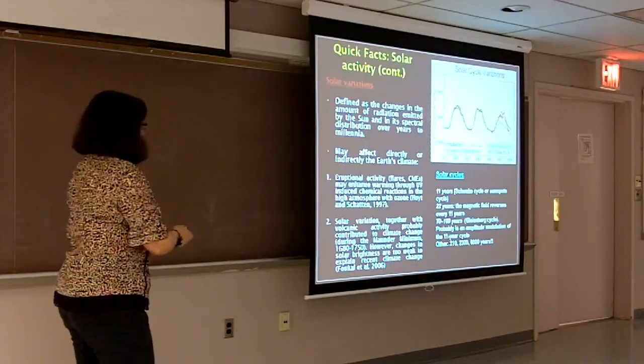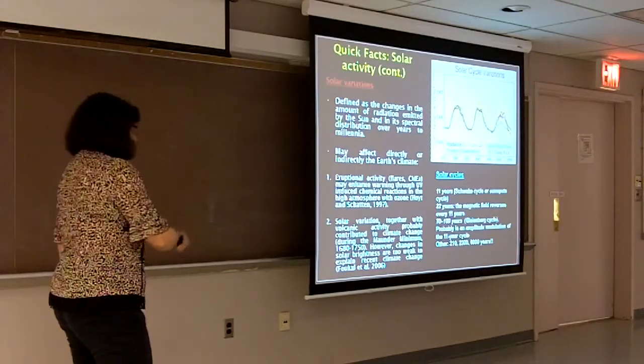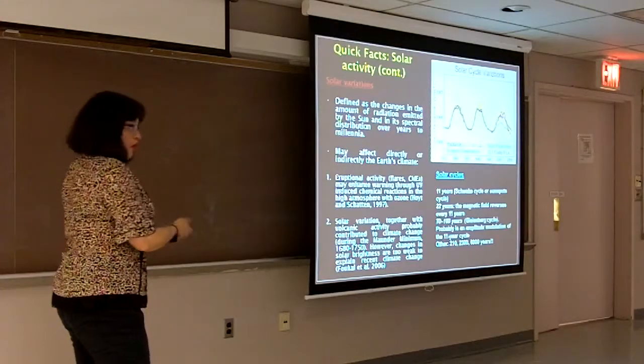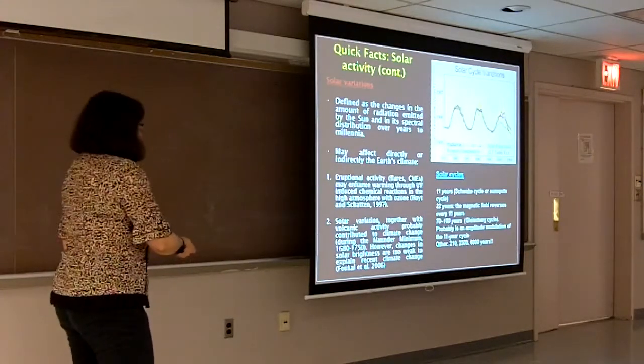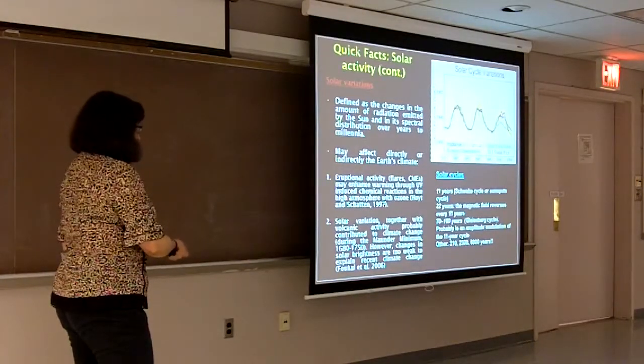So this is an important thing. And besides that, the volcanic activity on Earth plus the solar variation probably, although it's not really sure, this kind of combination contributed to the climate change, especially during this time.